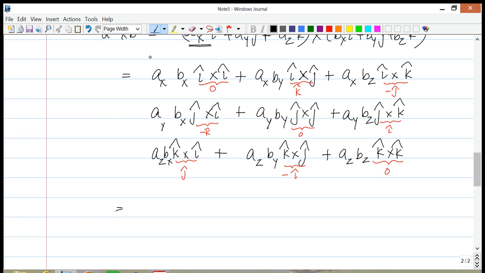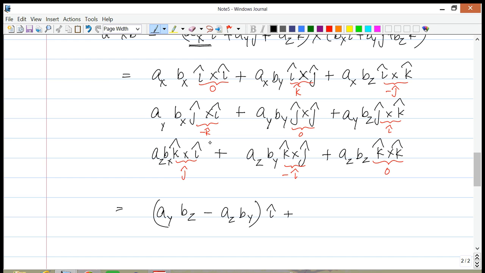So let's first put the I components together, the x component, and that gives us (AY BZ minus AZ BY) times I hat.